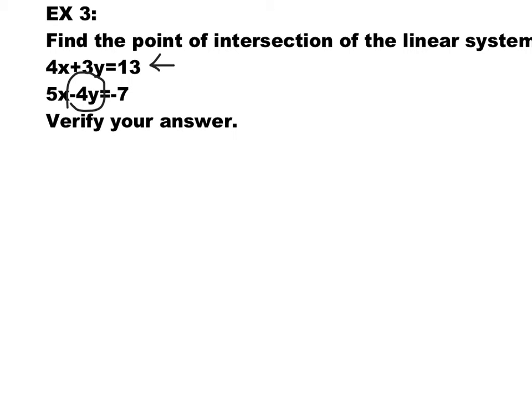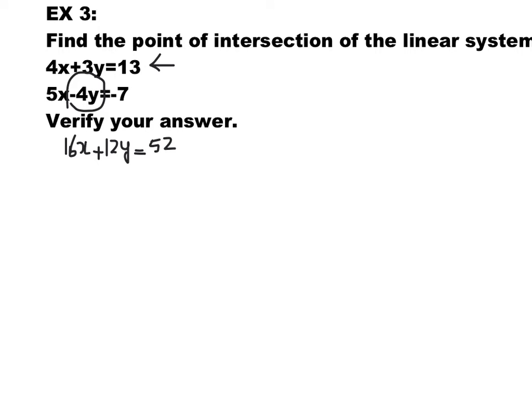So I multiply everything, the first equation by 4. Because the absolute value of negative 4 is just 4. So 4x times 4 is 16x. Plus 3y times 4 is 12y. And 13 times 4 is going to give me 52.